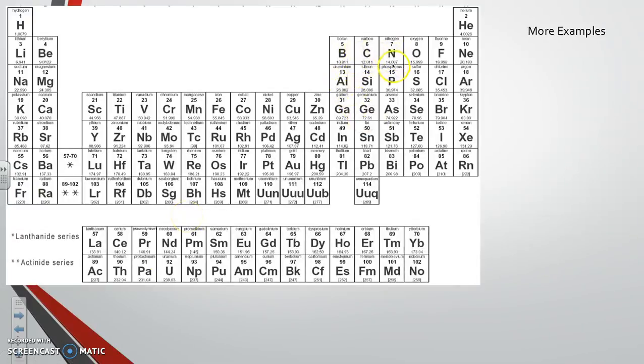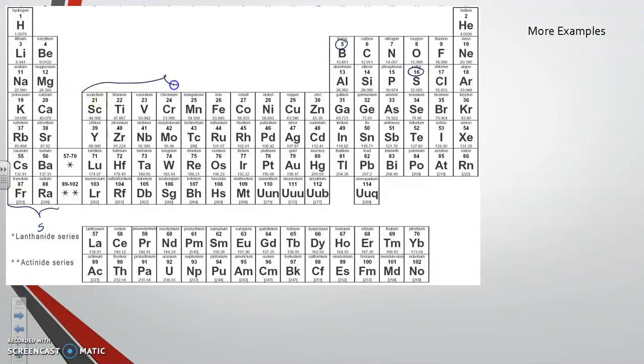We just did the orbital notation for boron and for sulfur, right? So let's go ahead and do the electron configuration for those. Remember, these are energy levels 1, 2, 3, 4, 5, 6, 7. Remember, this is the S subblock.